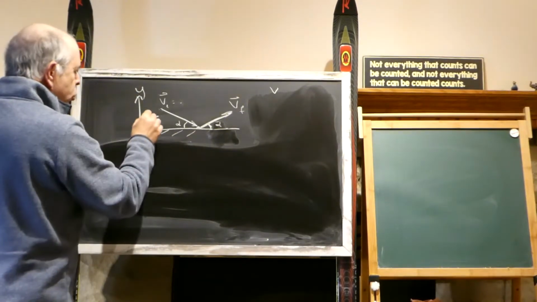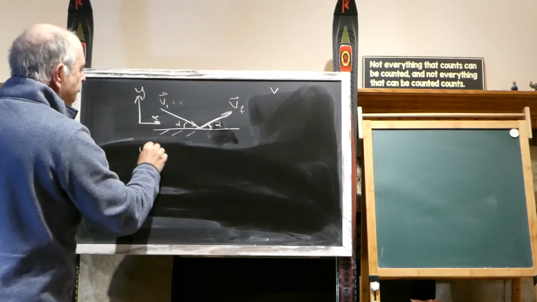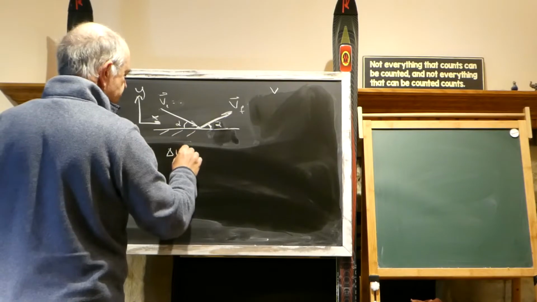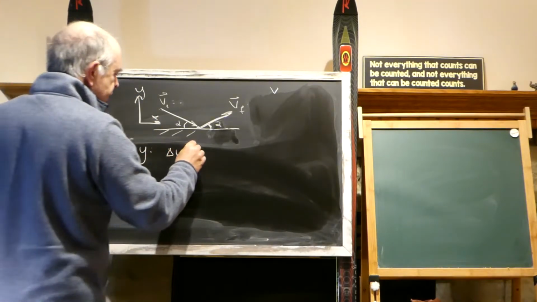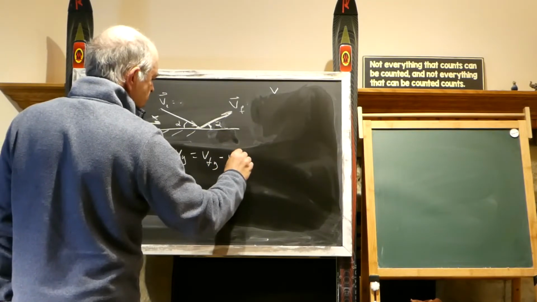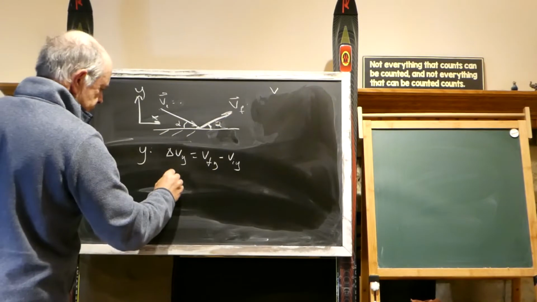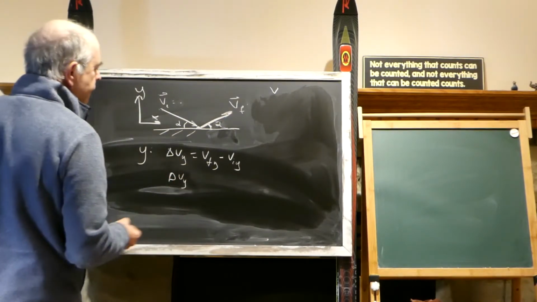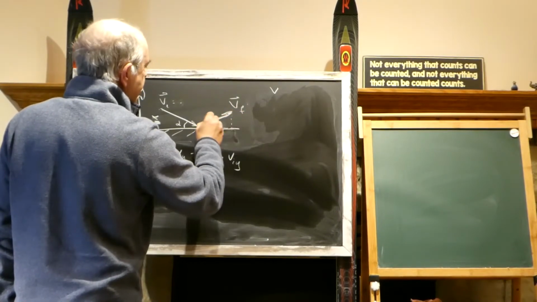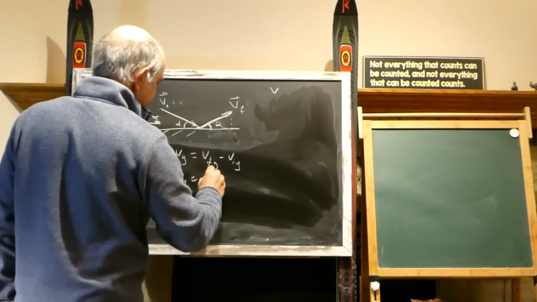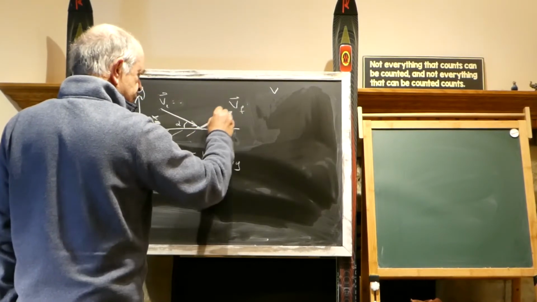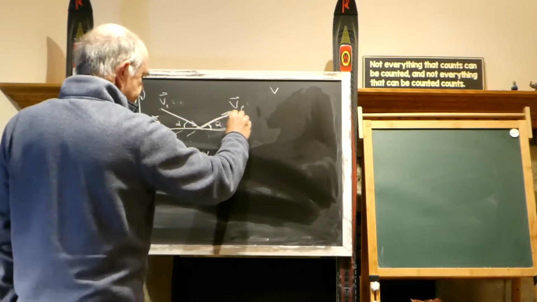We did everything we could along the x-axis, now the y-axis. Along the y-axis the change equals v final y minus v initial y. This is delta vy, and the projection of this vector on the vertical is v sine alpha, because I look at this triangle: this is the hypotenuse, this is alpha, this is v sine alpha.